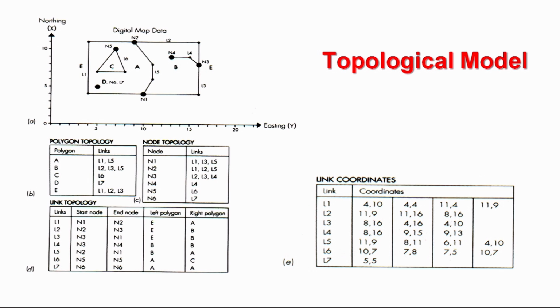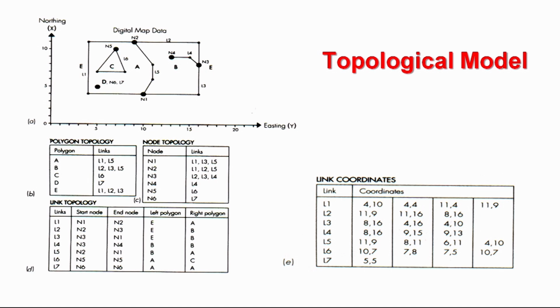For each link, the set of coordinates is also stored. For example, link 1, which is the outside link, has coordinates marked as easting and northing. These are the set of coordinates for link 1. Similarly, for link topology, we have to store which nodes connect the link. So link 1 is connected with N1 and also with N2.